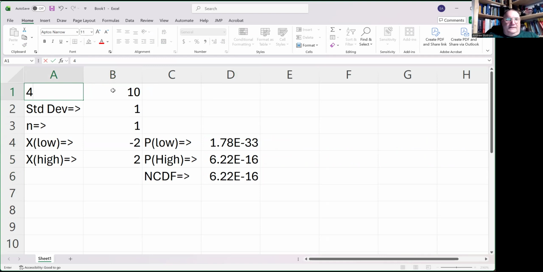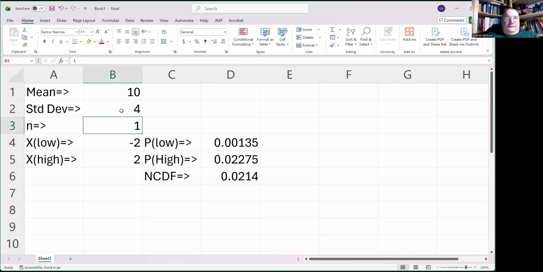Oops, that didn't go as planned, but that's what the undo button's for, right? So just hit the undo button up here. I'm going to say the standard deviation is 4, and let's say n is 9 or something like that.